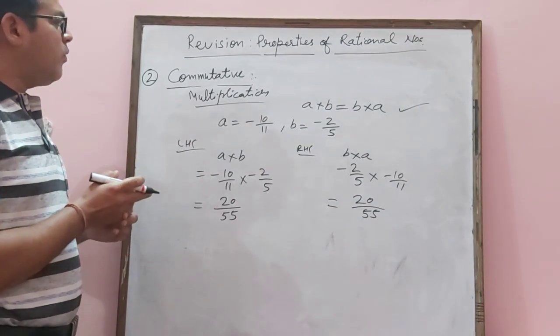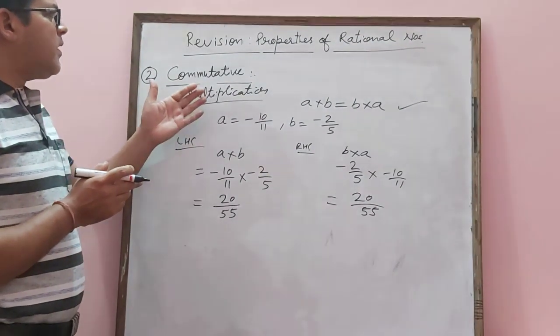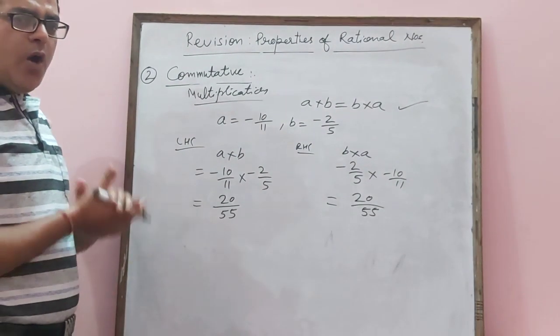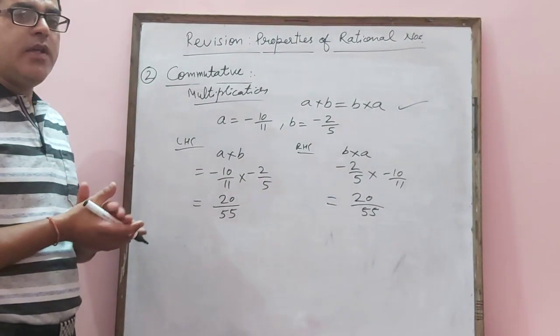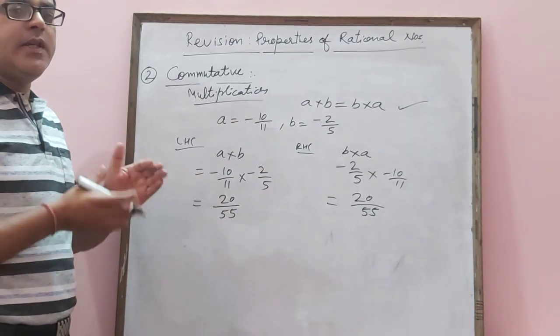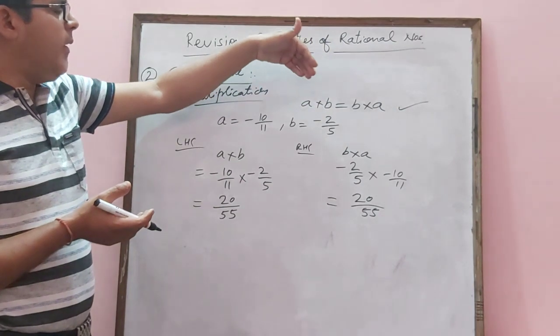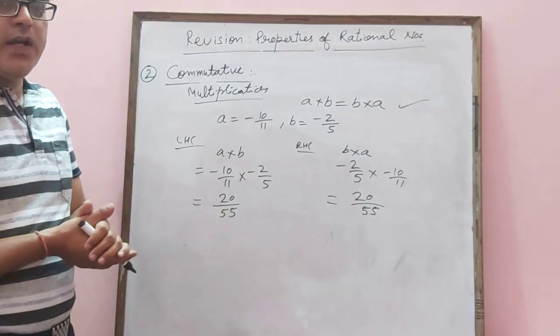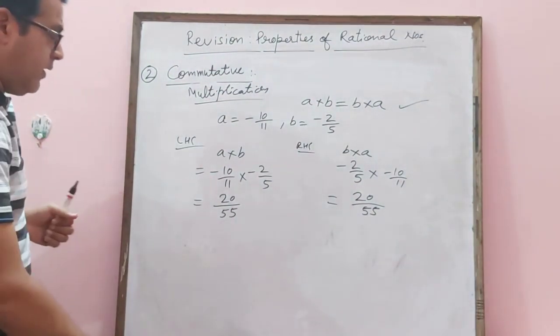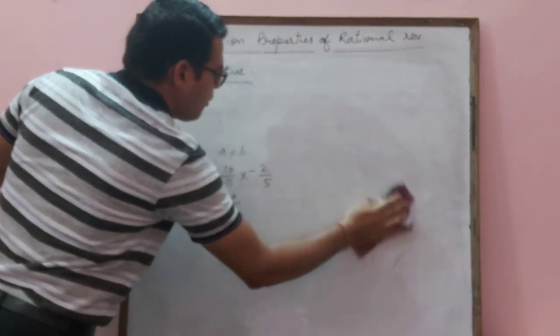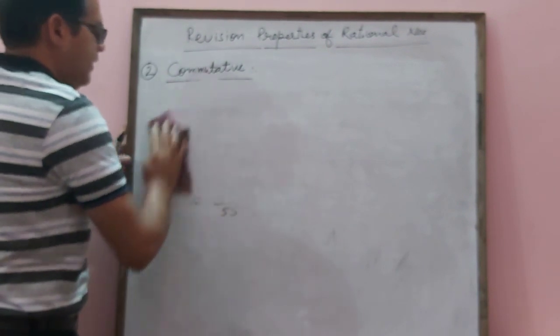So the conclusion is that multiplication of rational numbers is commutative, which means we can multiply two rational numbers in any order. Either we can multiply a with b or we can multiply b with a. The result doesn't change.